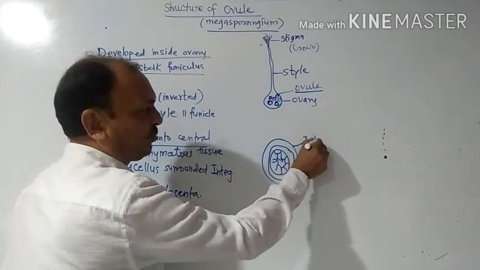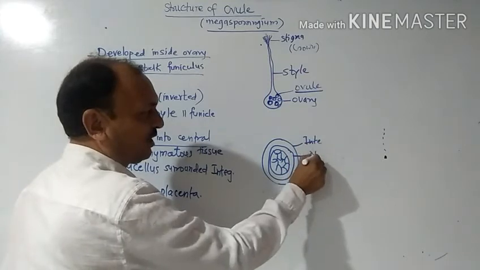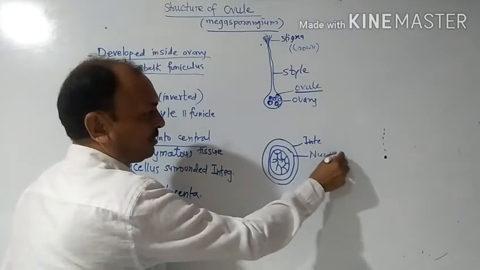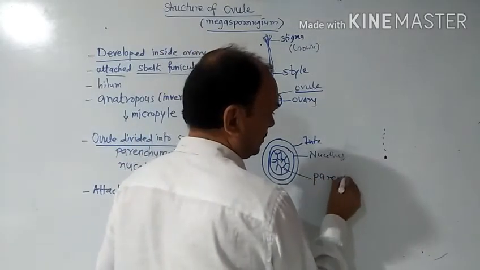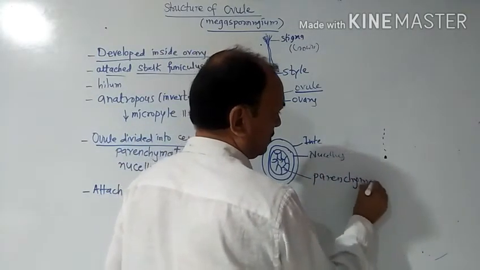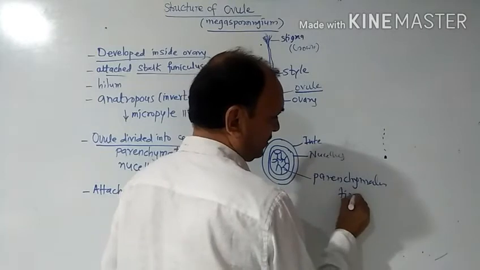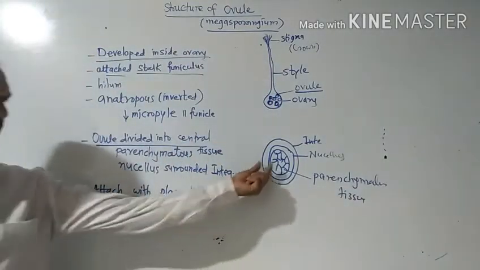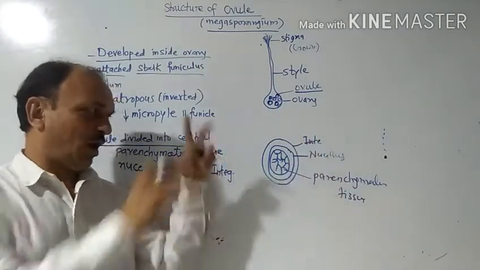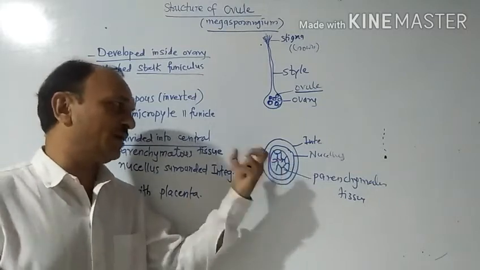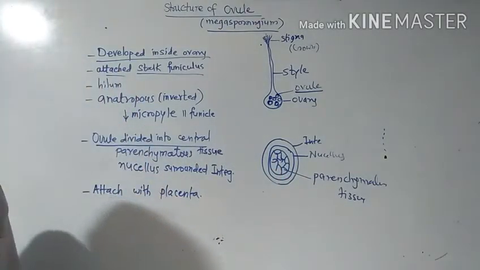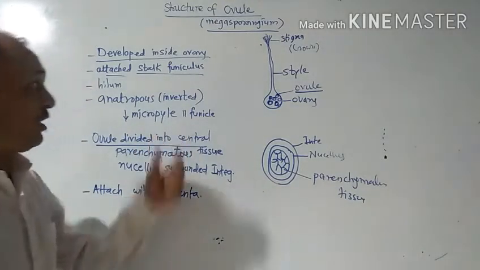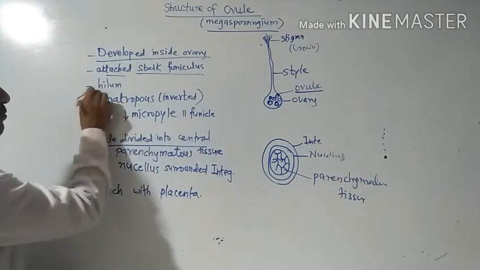So this is the integument, this is the nucellus, and this is the entire parenchymatous tissue. Outer side the integument, in the middle the thin layer of nucellus, and then the parenchymatous tissue.